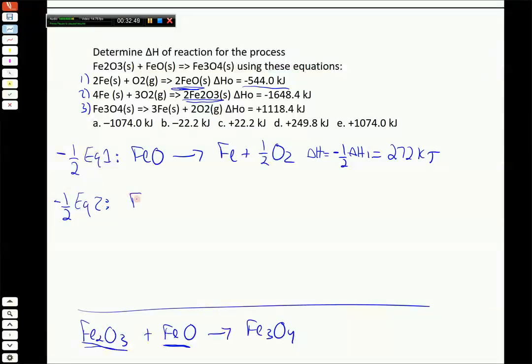And so that gives us Fe2O3 going to 2Fe plus 3 halves O2, and we multiply all the coefficients by 1 half. Delta H, again, we're going to take minus 1 half times the second delta H, which is just going to be this number divided by negative 2.